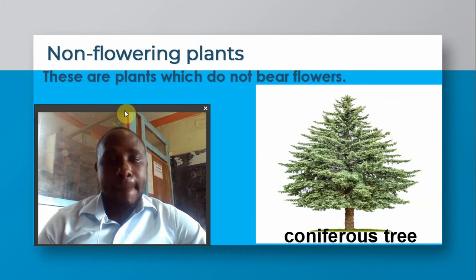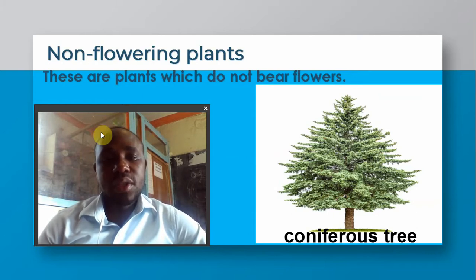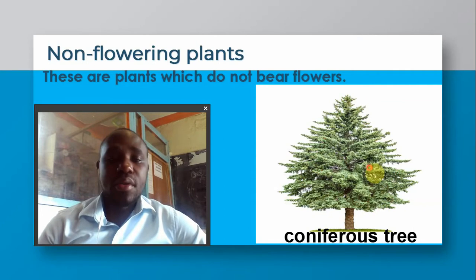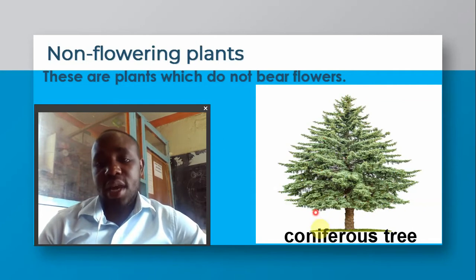Now, we have very many examples of non-flowering plants, like what you are seeing in my picture there. It is an example of a flowering plant. Sorry, a non-flowering plant. This tree is so common in most of the compounds, and it is an example of a non-flowering plant, and it is called a coniferous tree.